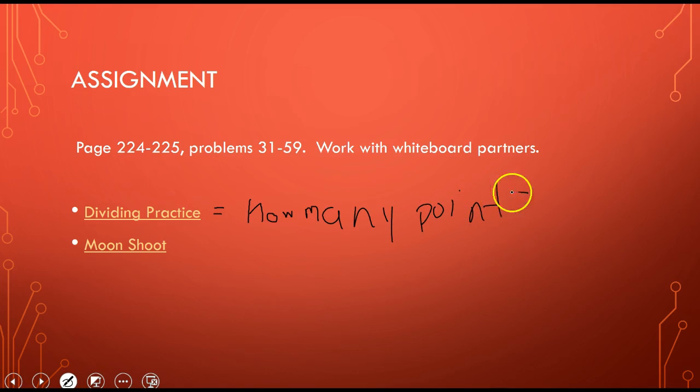Do the same thing then for Moonshoot. So play each of these games, record how many points you have at the end, either with a screenshot or simply writing the score down, and send it to your teacher in a message.